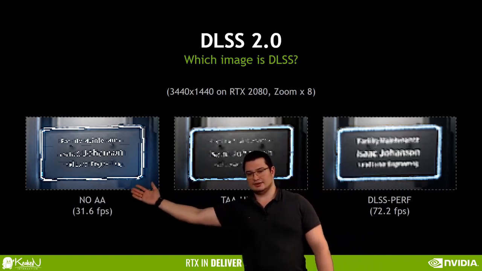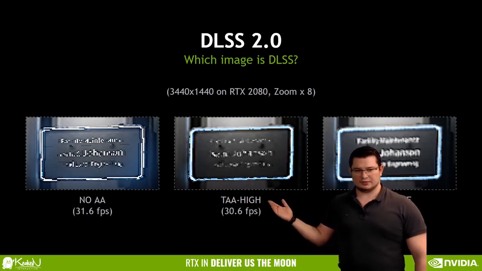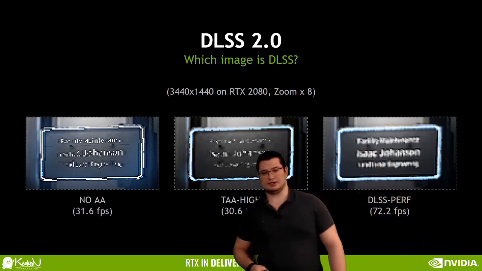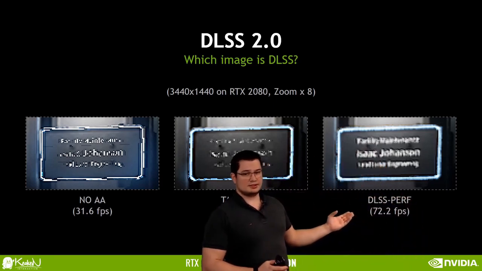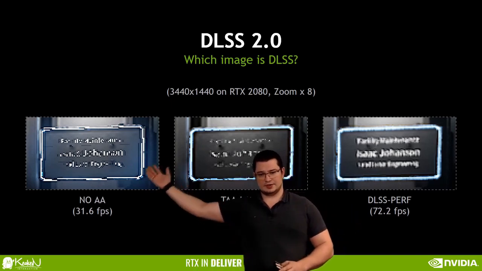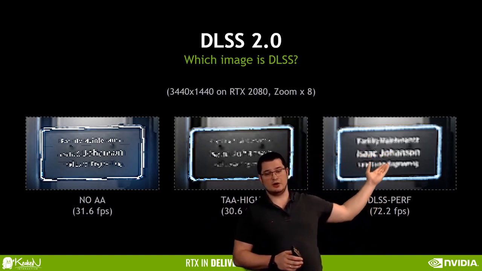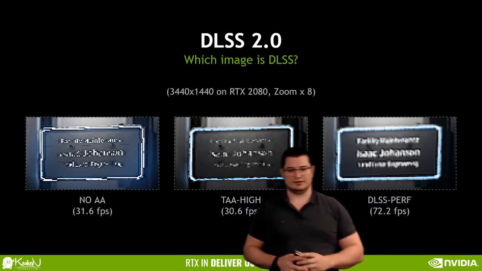On the left, there's no anti-aliasing at all. Here is the high version of temporal anti-aliasing from Unreal Engine itself. And in this case, it is DLSS performance mode. On both other images you are unable to read what's in there, and on the DLSS version, you're almost able to read what's written in there.